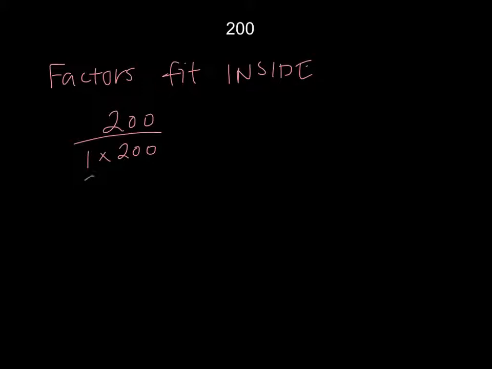It's even, so 2 times 100 equals 200. 3 will not work. 4 times 50 will equal 200. 5 times 40 will equal 200.